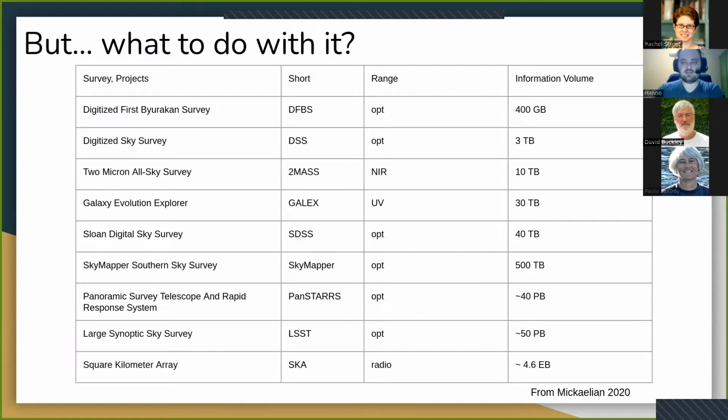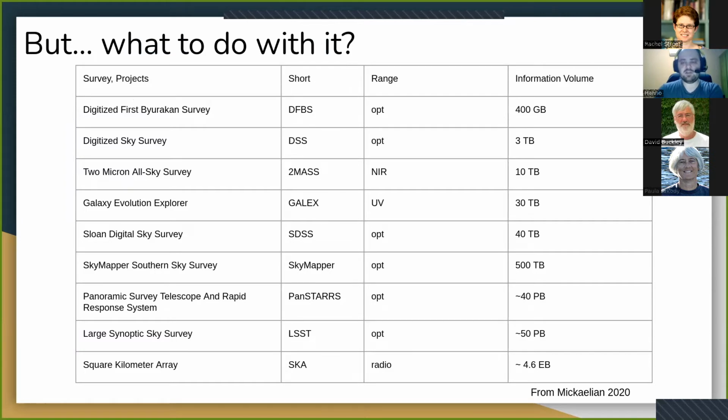On top of that, as our information has increased, we also increased the storage space that we need to store that information. And the LSST is expected to store more than 100 terabytes of data. And it is impossible for any one person or any group of persons to go through this data by hand.